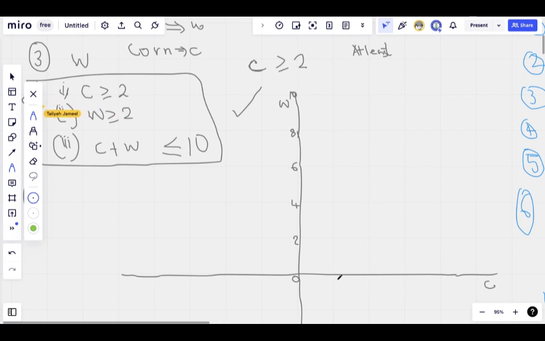Similarly, we do same here. Here 2. There are no negative numbers in this inequality, so everything will be on this side. There you can see, right? So here is 2, here is 4, here is 6, here is 8, and here is 10.